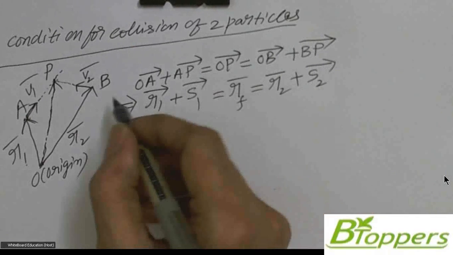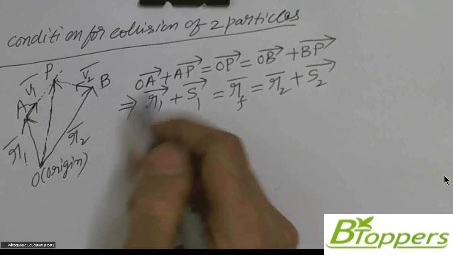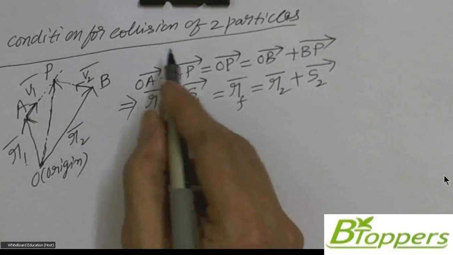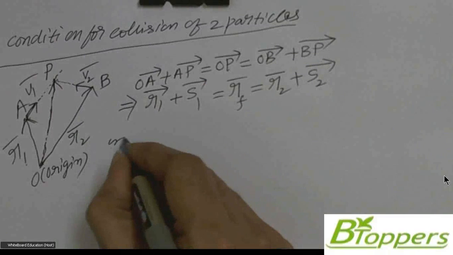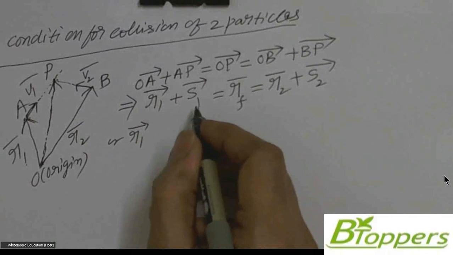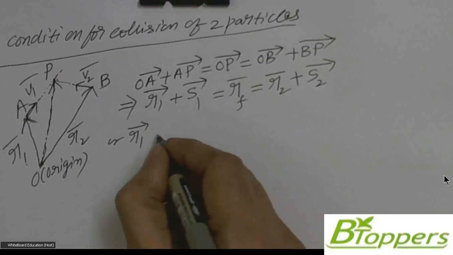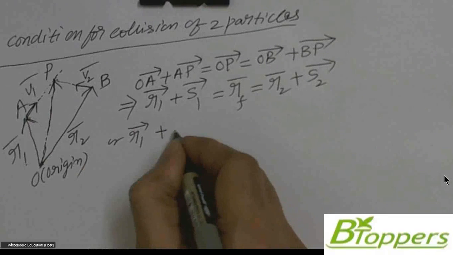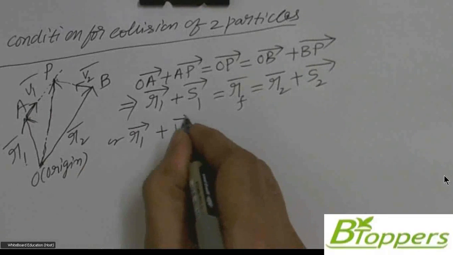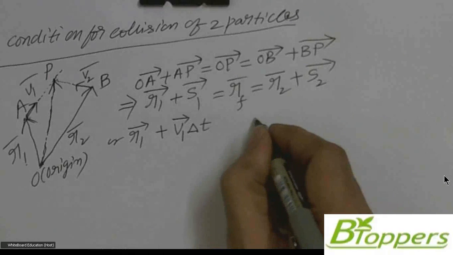That means after the time interval delta t, the two particles will collide at the point P. Now, if the first particle moves with constant velocity v1 bar from A to P, then S1 bar you can write as v1 bar into delta t.